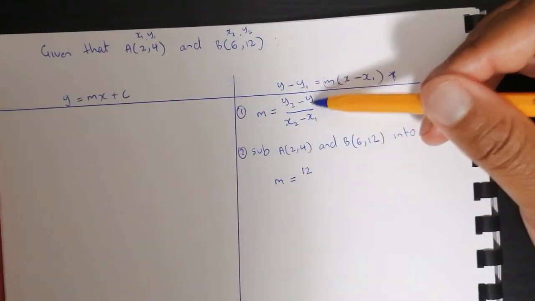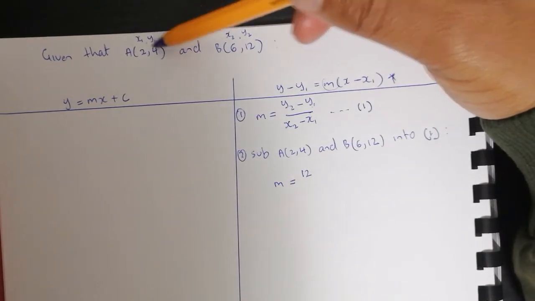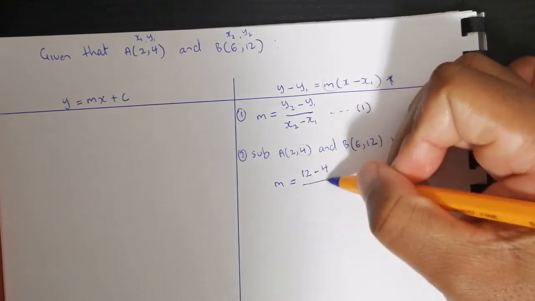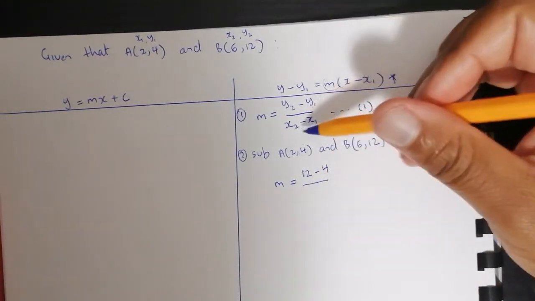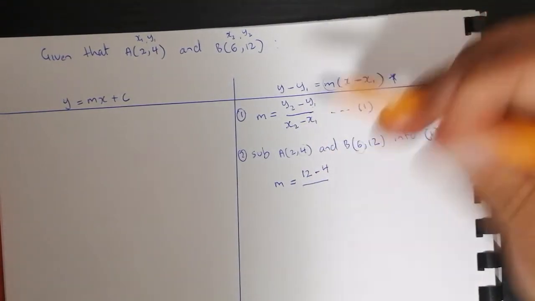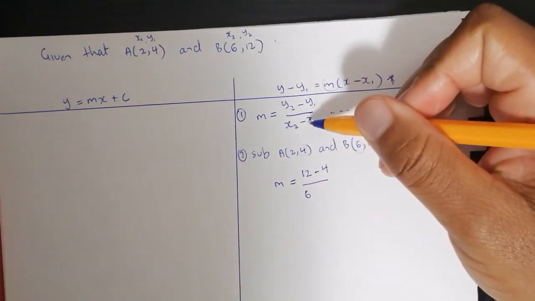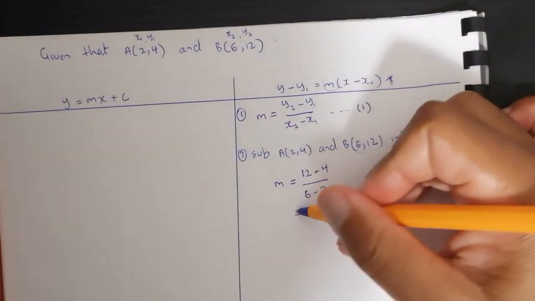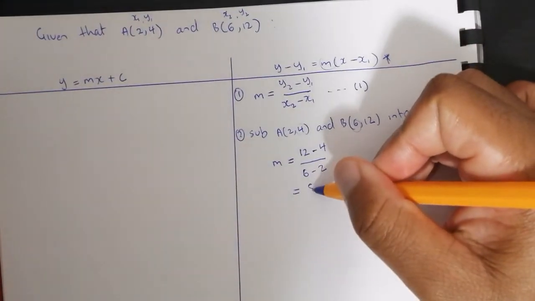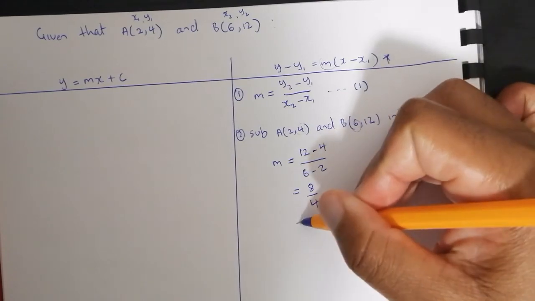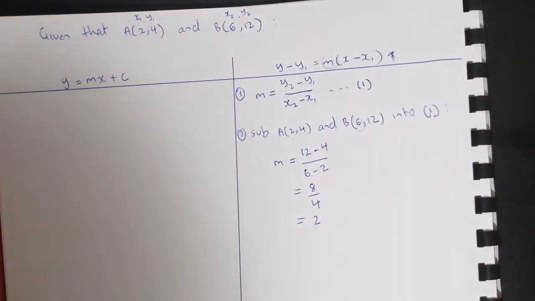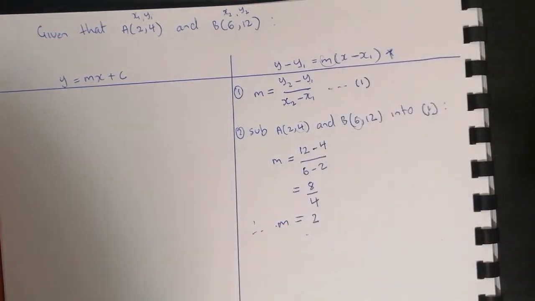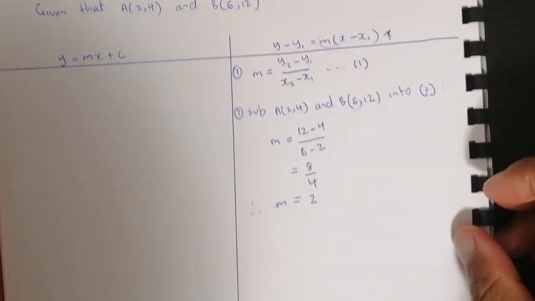And then for y1, based on this mapping here, we substitute 4, so minus 4. And then second, for x2 we use 6, and then for x1 we use 2. And that gives us 8 over 4, which equals 2. So that's our gradient. Therefore, our gradient m equals 2.